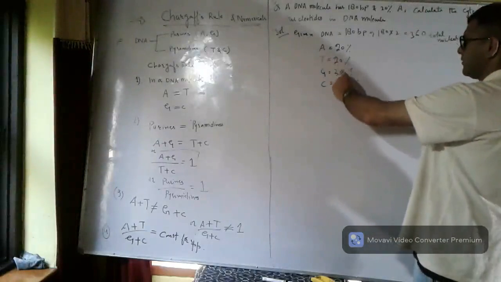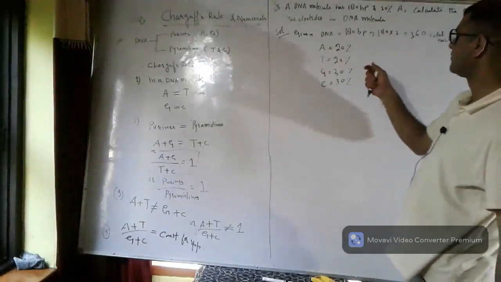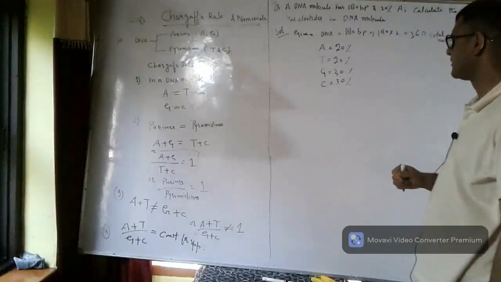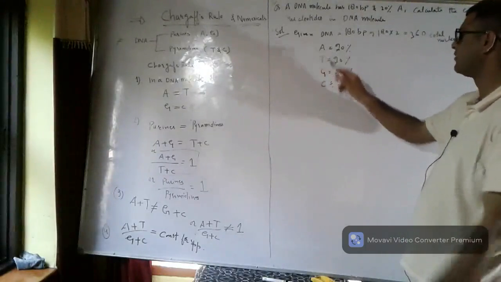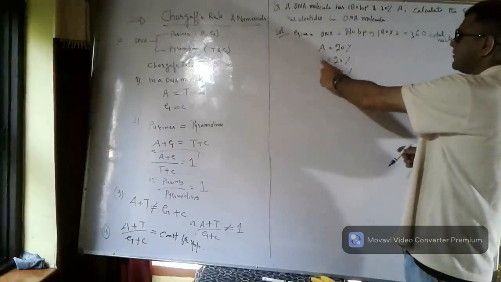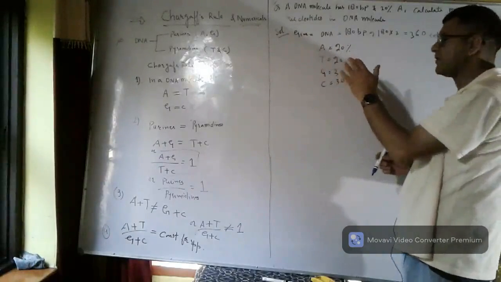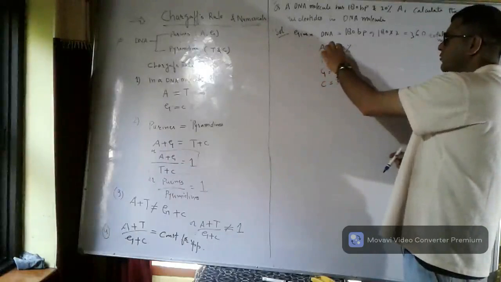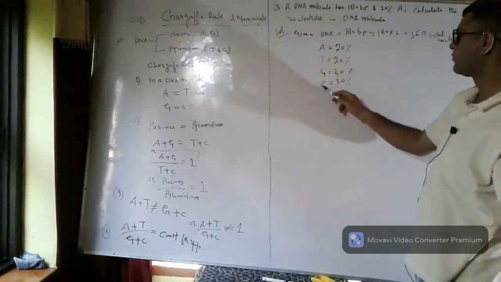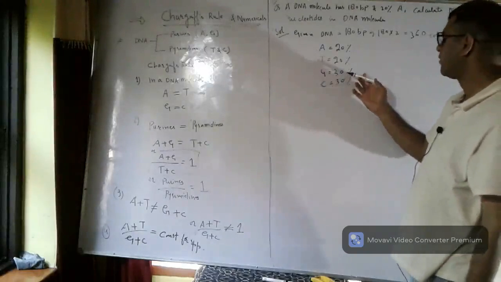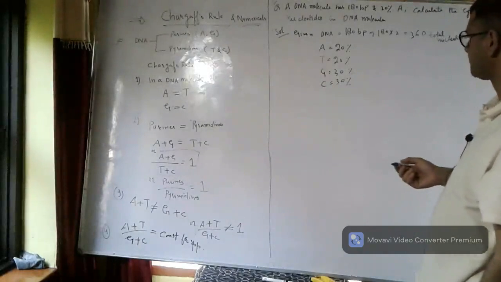We know that total base content is 100% of bases present in the DNA molecule. If adenine and thymine together are 40%, then guanine and cytosine together are 60%. The half of 60 is 30, so guanine is 30% and cytosine is 30%.